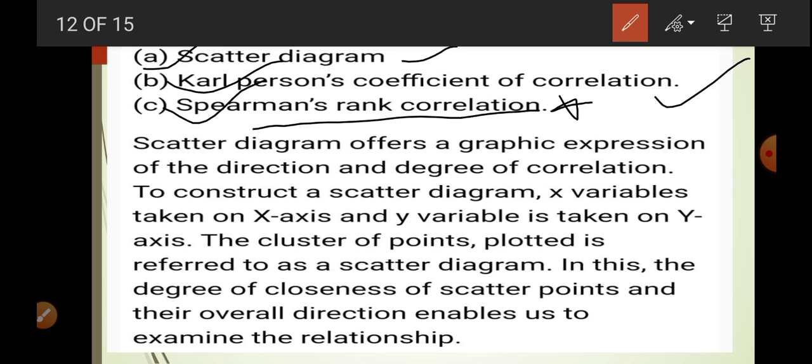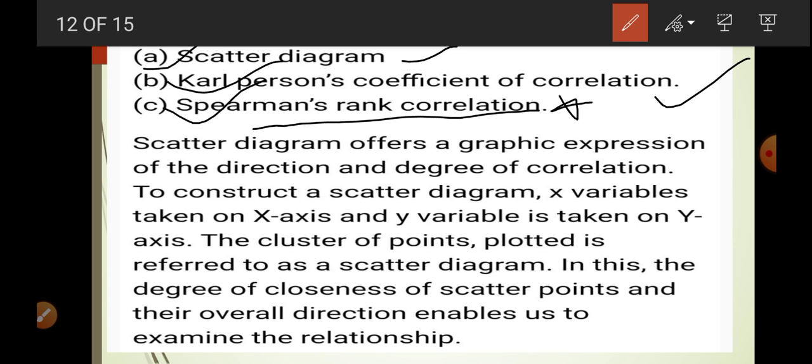Scatter diagram does not have too much content, it is a graphical representation, and it only explains degree of correlation, not in exact number, it just gives a qualitative measurement. Okay, and Karl Pearson is the way where we find the exact value of correlation, so that we are going to discuss in the next video. In this video, scatter diagram we are going to complete.